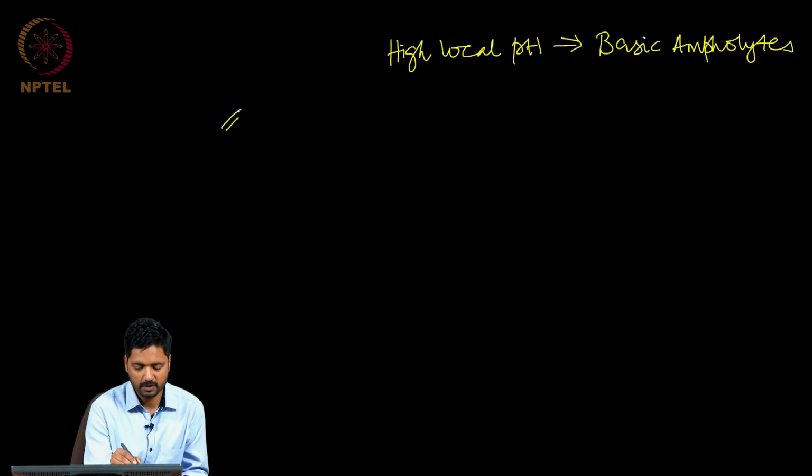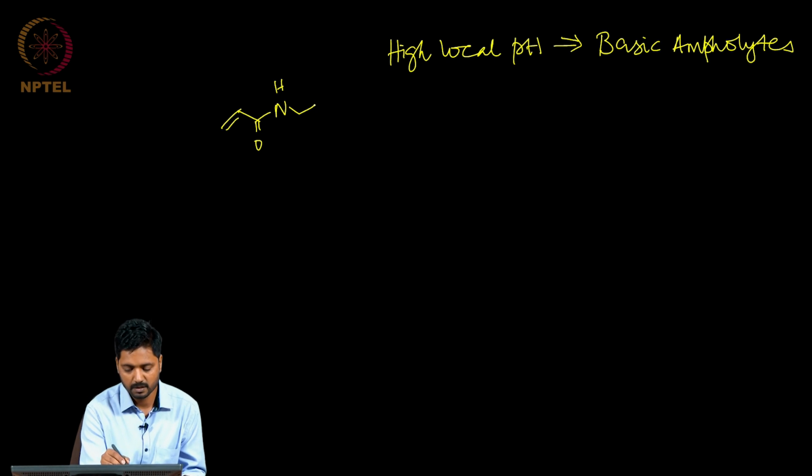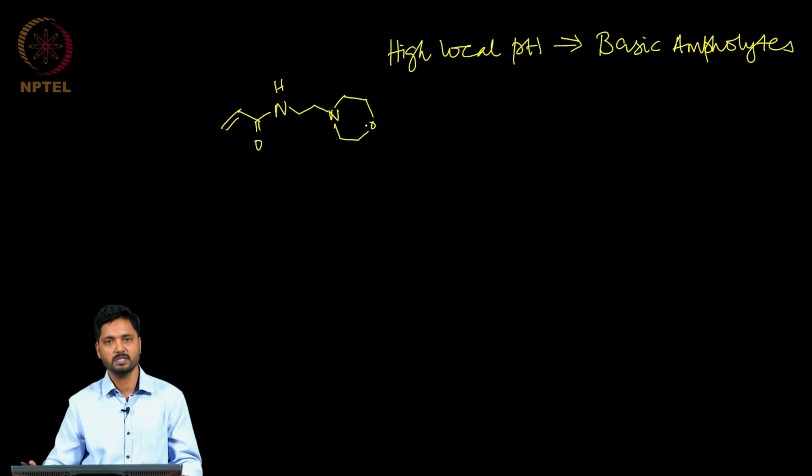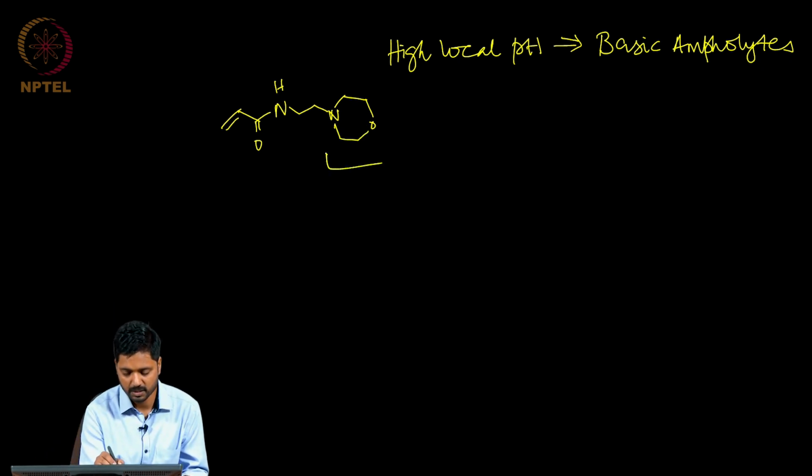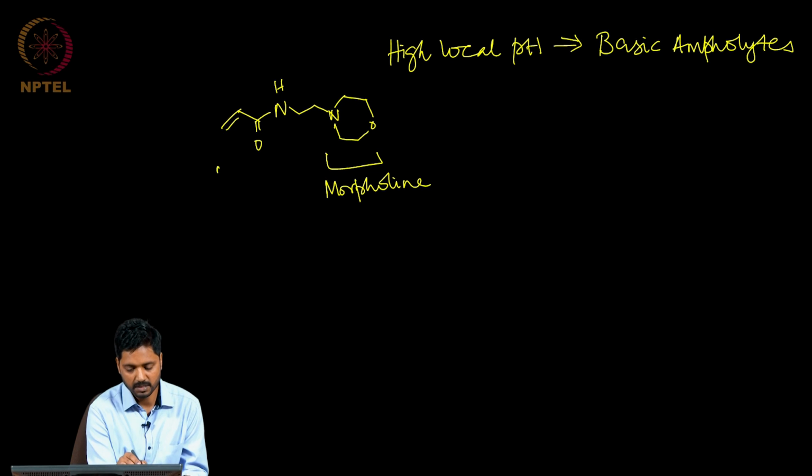So, again they will be based on the acrylamide framework. However, here we will exploit a morpholino residue, as it is shown here. This part is the morpholine part, and this is our acrylamide part.